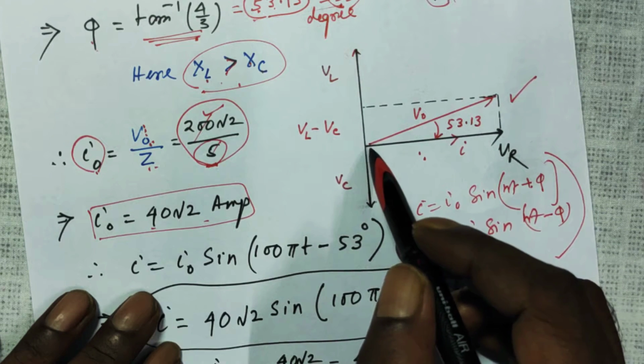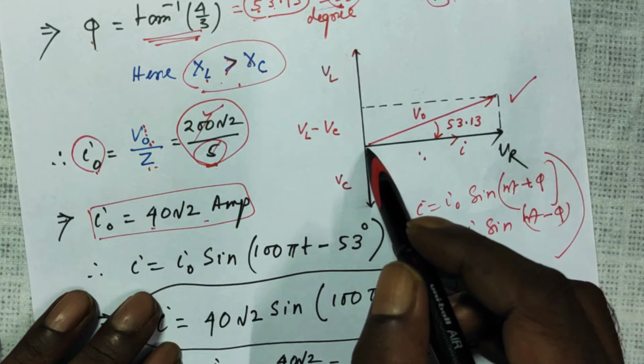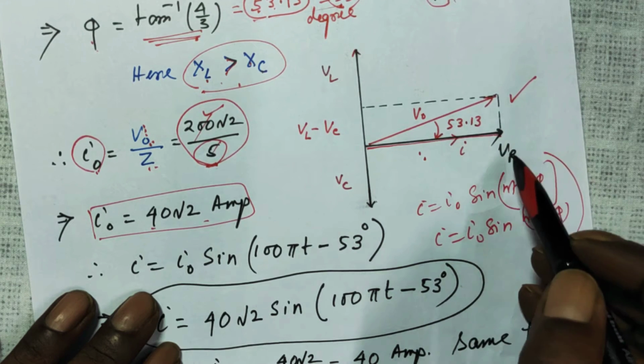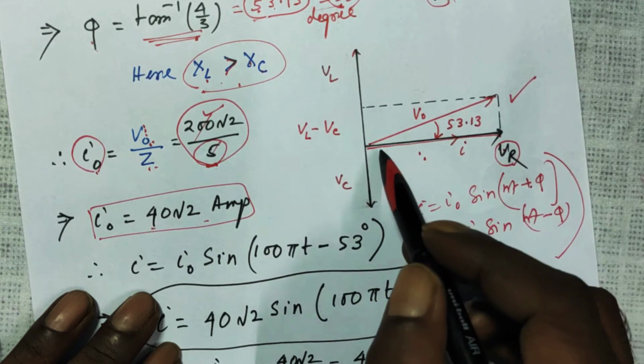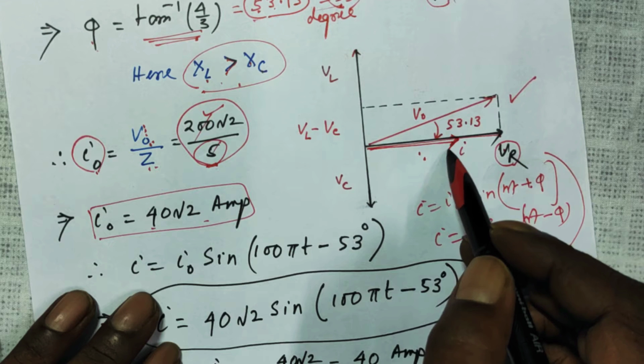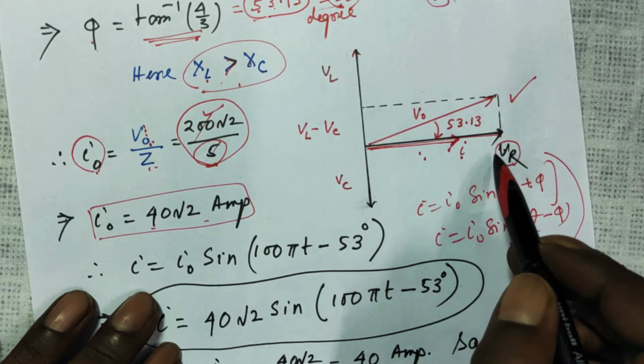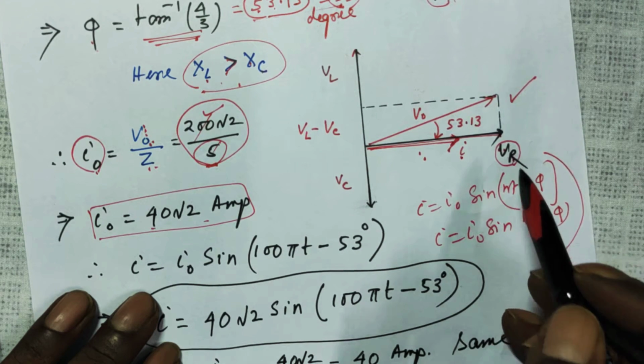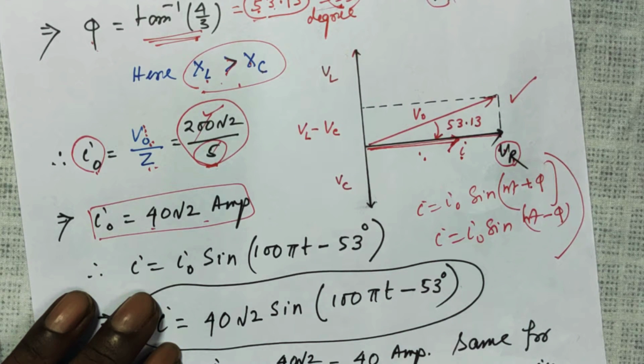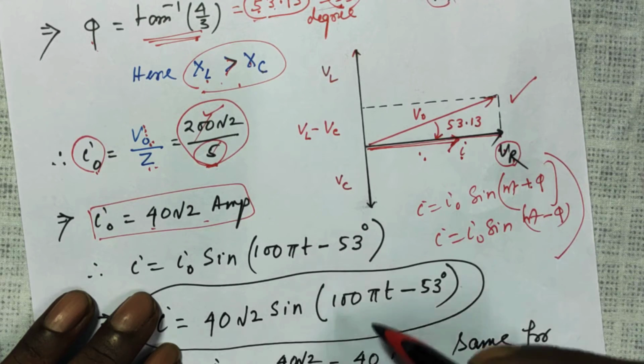Now look, for a resistance, this part represents the voltage across the resistor. This part indicates the current. Why are this I and V in the same direction? Because when an alternating current is flowing in a resistance only, the current and the voltage across it are in phase. That we had derived in theory lessons.